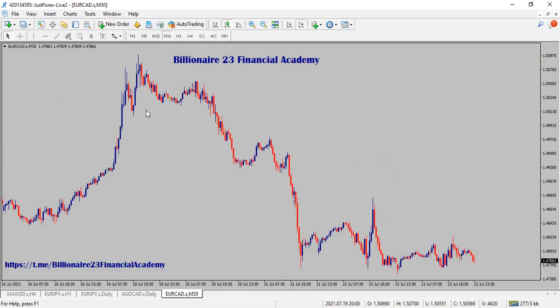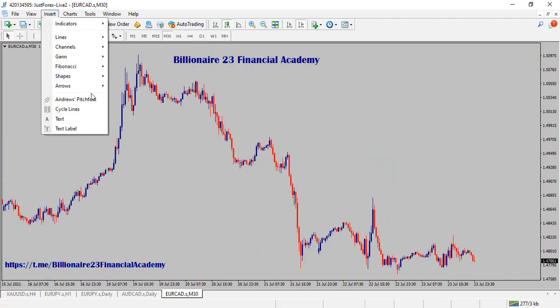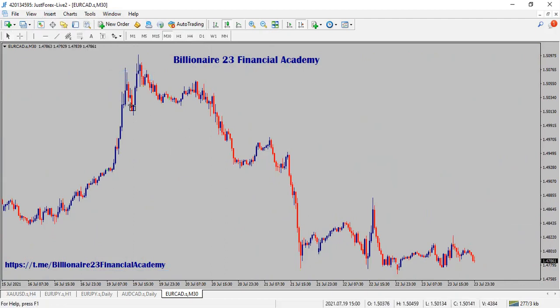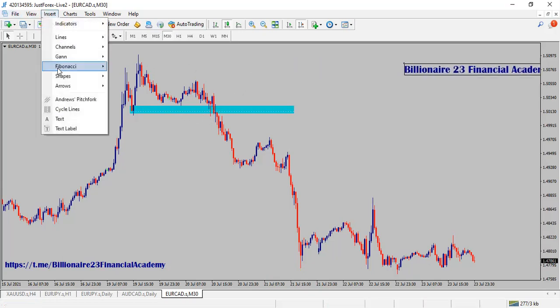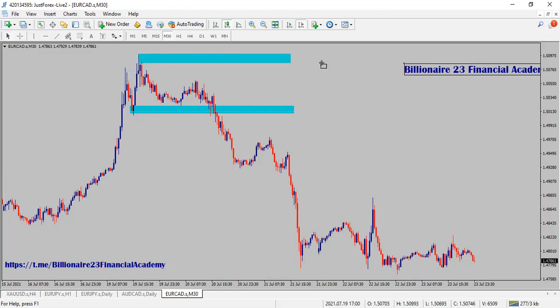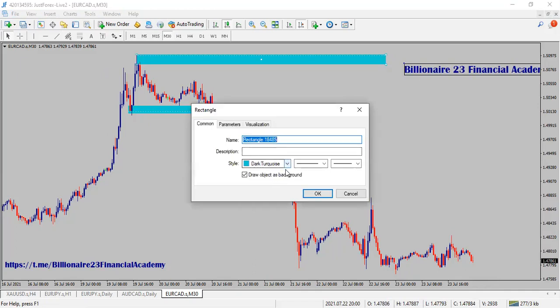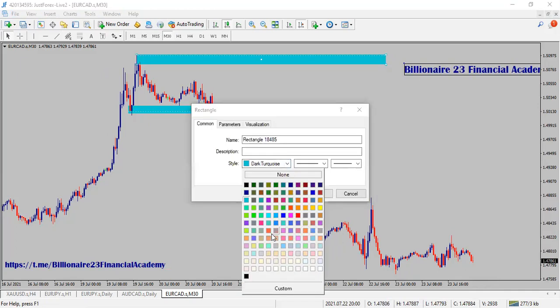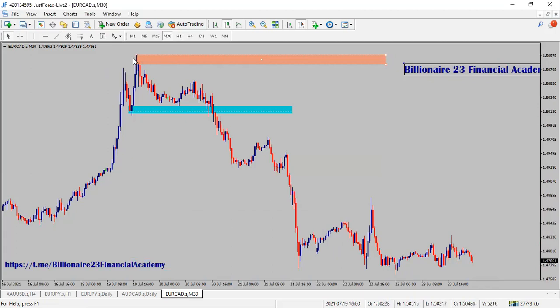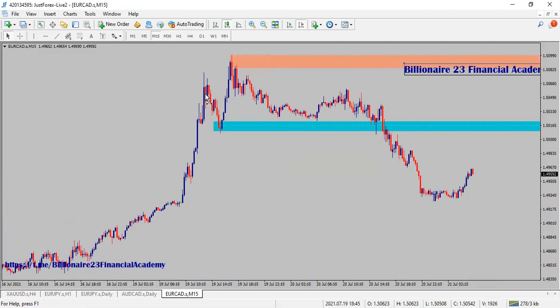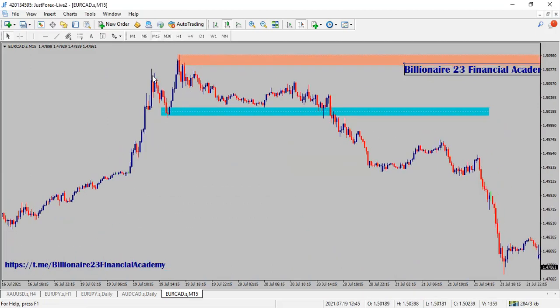Currently we had this change in trend on EuroCAD. They changed the trend. They never went back to this area. We would regard this as the resistance or the double top area, but instead this would be the higher high, higher low, higher high, and the change in trend occurred somewhere here.